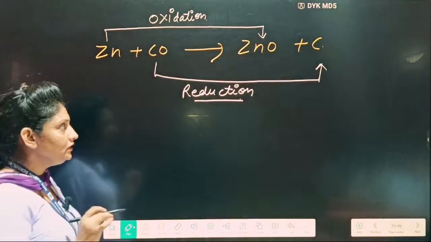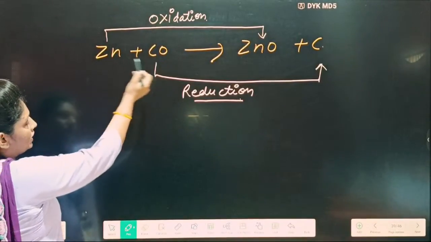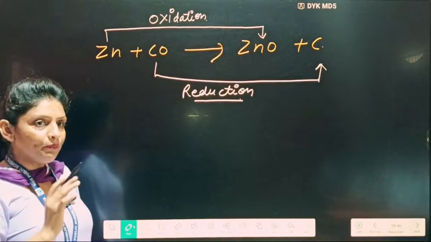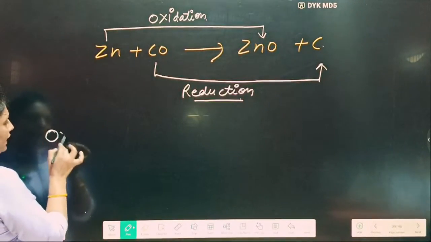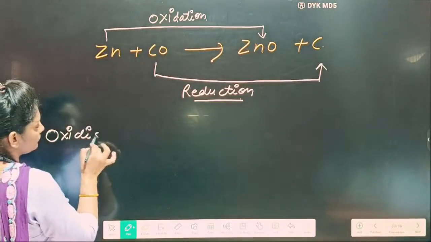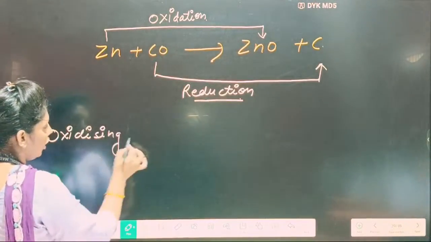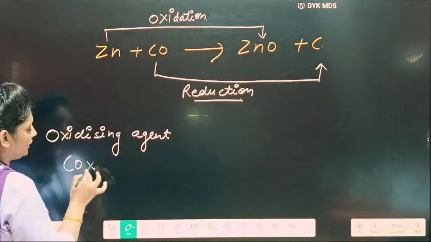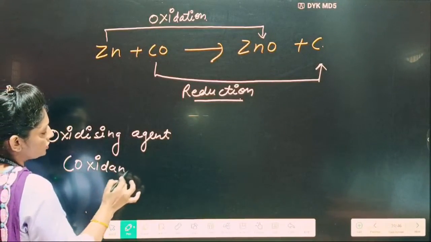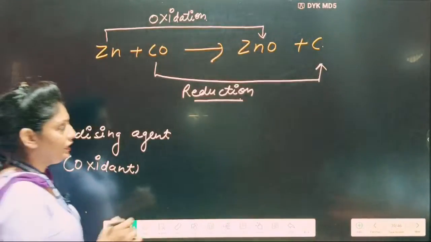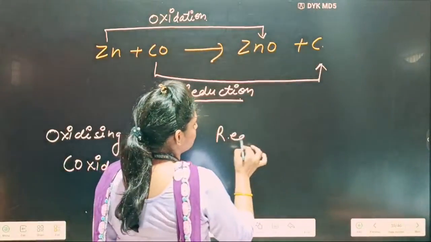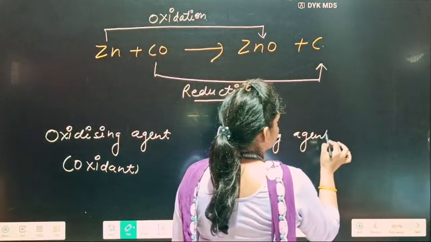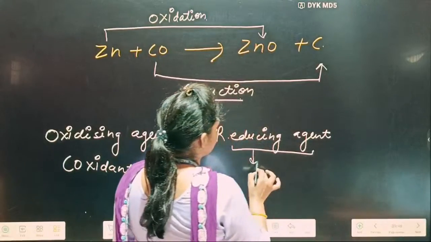Okay students, now you can tell me which one is the oxidizing agent here. Simply you can identify the oxidizing agent. Yes, students, oxidizing agent is also known as oxidant. And reducing agent is also known as the reductant.